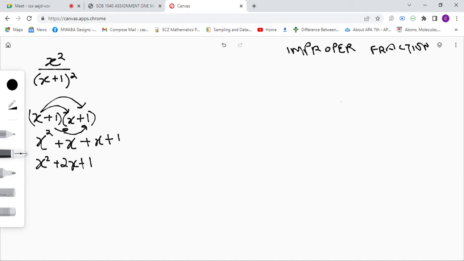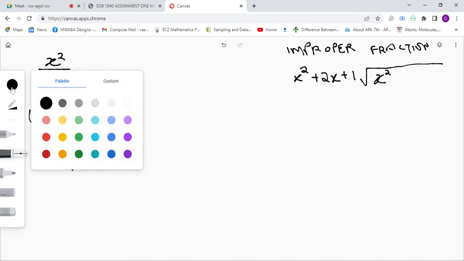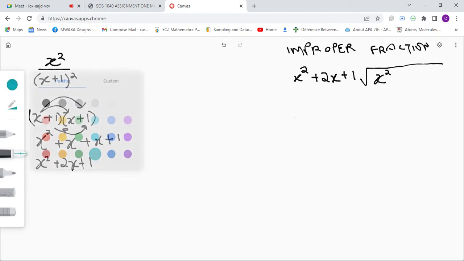So we're going to do our long division. We have x squared plus 2x plus 1, and we're going to divide it by x squared.